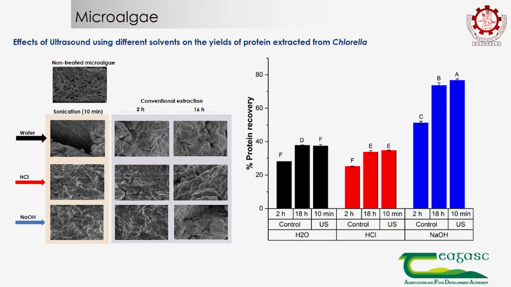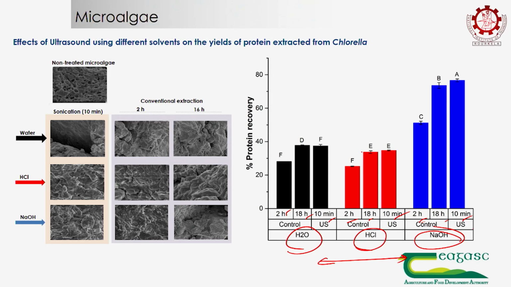Another one is to do with how it looks, the same figure. When water was used, hydrochloric acid was used, or alkali was used. Different solvents, 2 hours, 18 hours, 10 minutes, that is ultrasonics, control and ultrasonic, and you can see the differences.